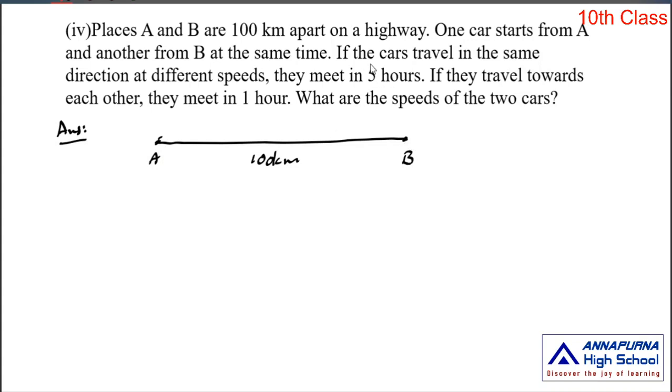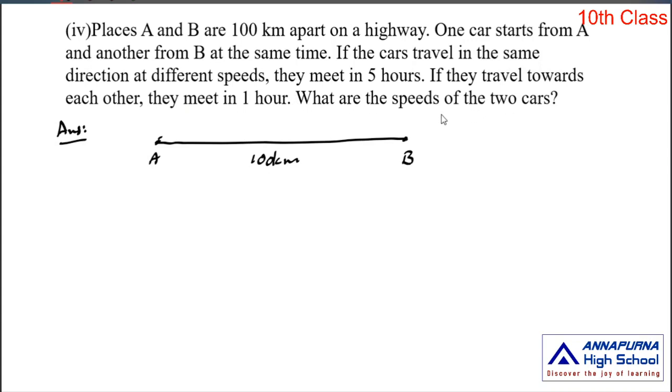If the cars travel in the same direction at different speeds, they meet in 5 hours. And if they travel towards each other, they meet in 1 hour. What are the speeds of the two cars?